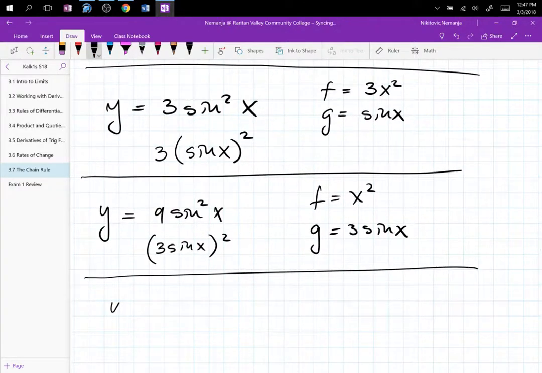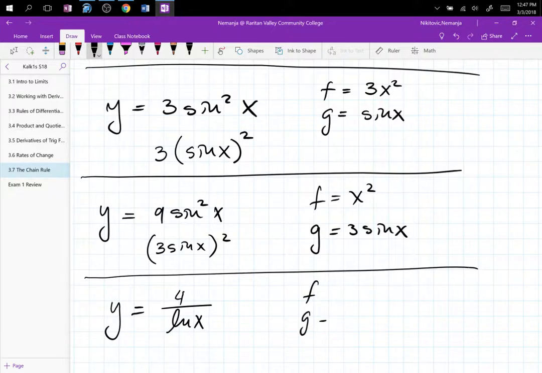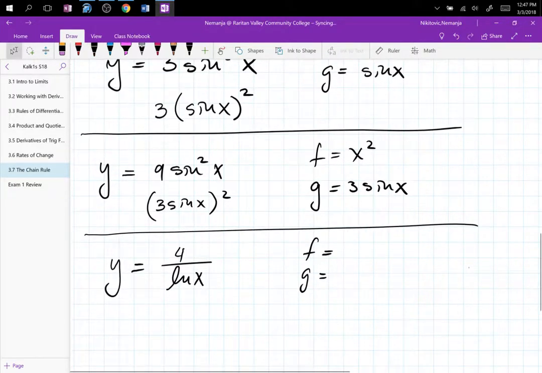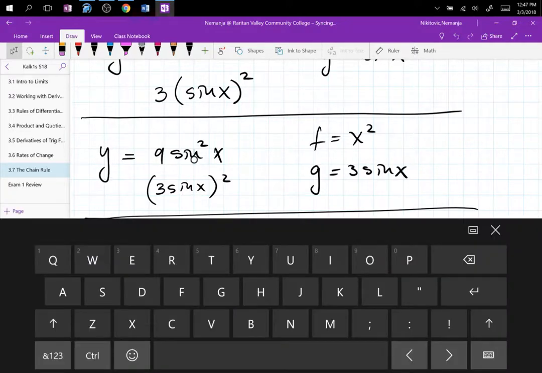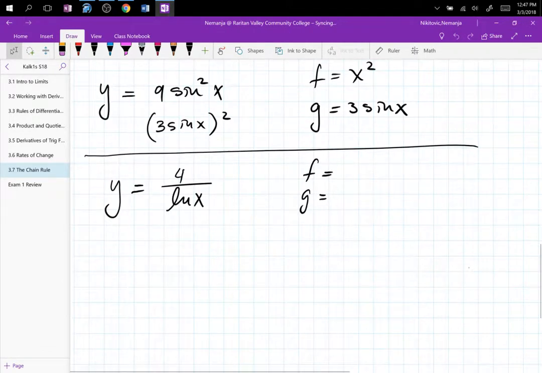Let's take a look at y equals 4 over ln x. F and g. Very good.